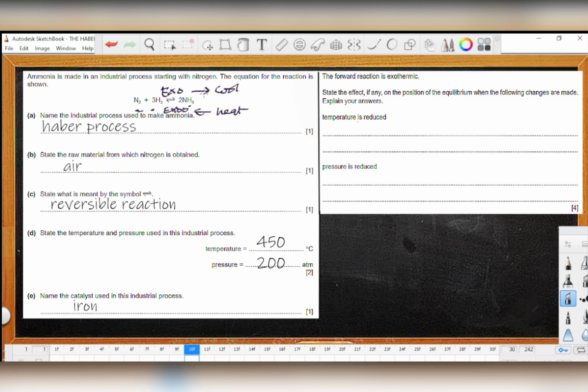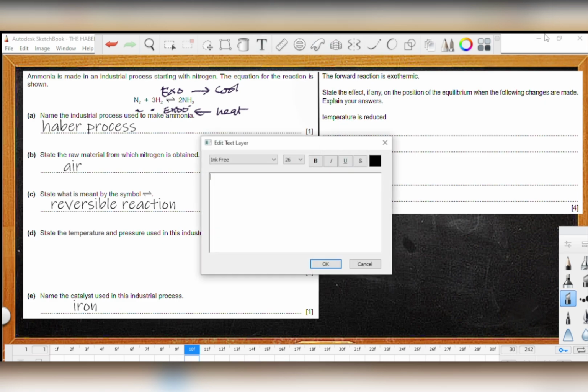When temperature is reduced, what happens? It will favor the forward direction. It will increase the yield of ammonia. So it favors the forward reaction.